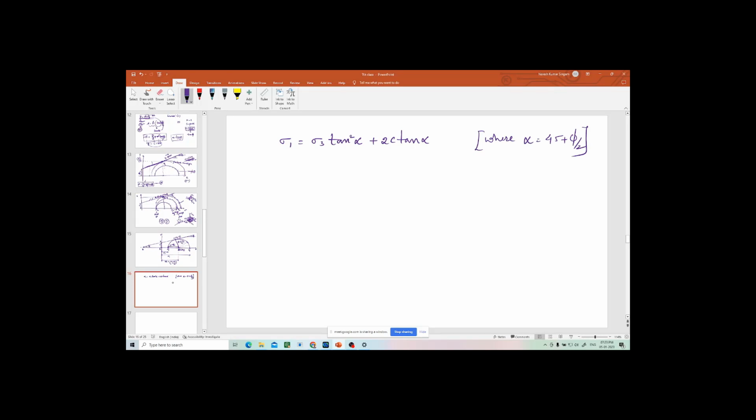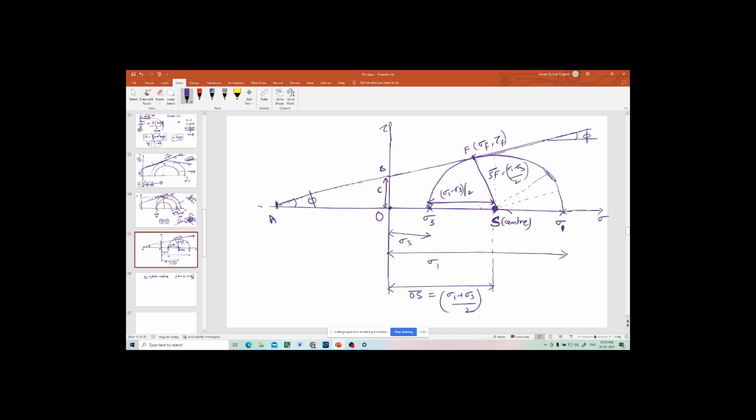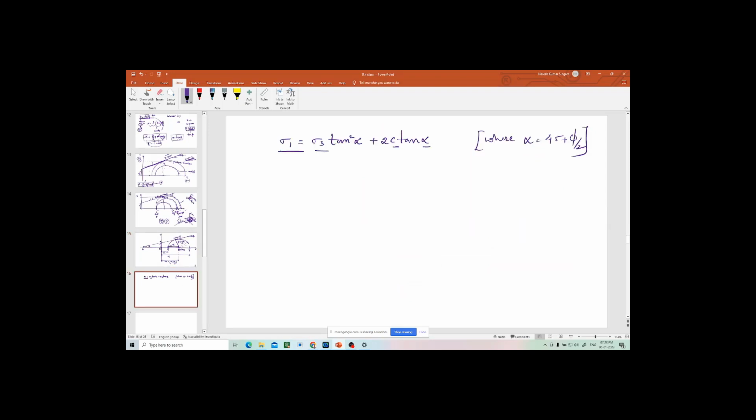Okay, so this is the equation. See here, sigma 1, sigma 3, c is cohesion, alpha is nothing but 45 plus phi by 2. So by using trigonometric laws you can derive this equation. This is the main equation which you have to remember.